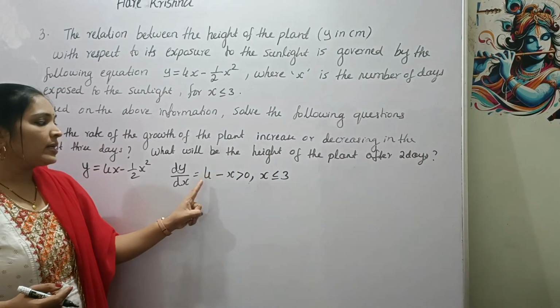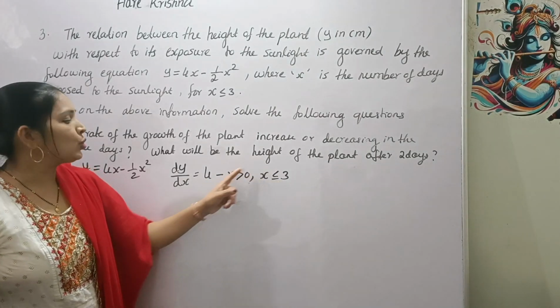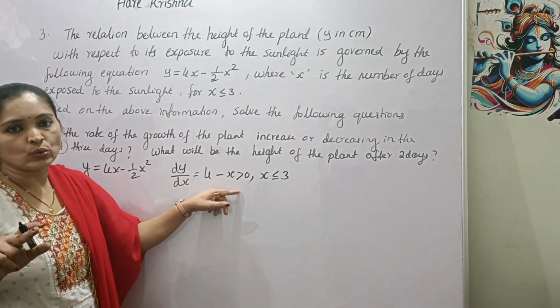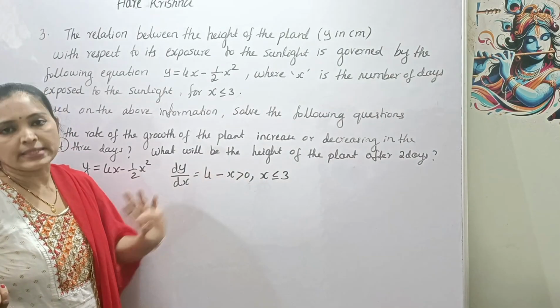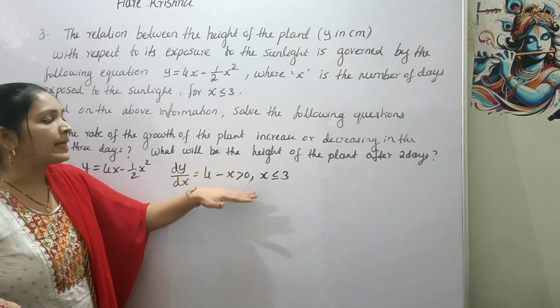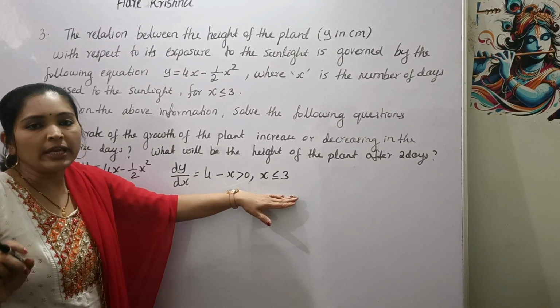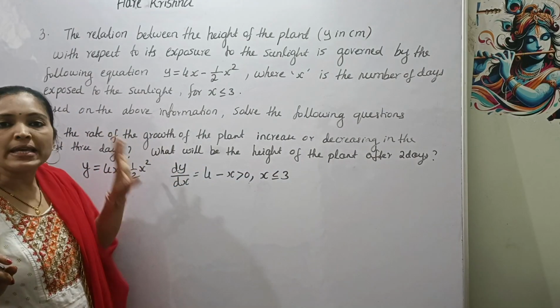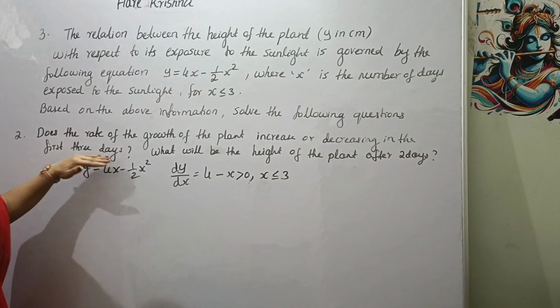When x is equal to 1, 4 minus 1 is 3, that is greater than 0. When x is equal to 2, 4 minus 2 is 2, that is greater than 0. For x is equal to 3, 4 minus 3, that is greater than 0. So here dy by dx is greater than 0 for x less than or equal to 3. Therefore this function is an increasing function in the first 3 days.